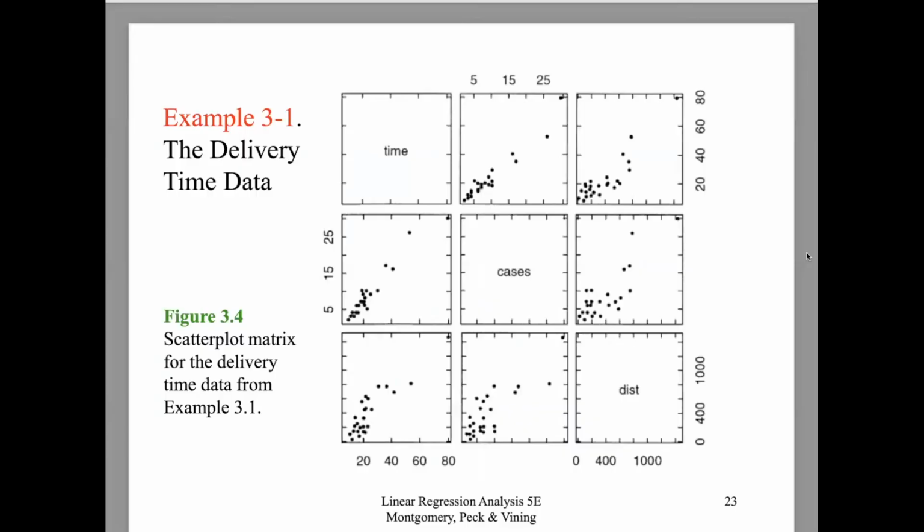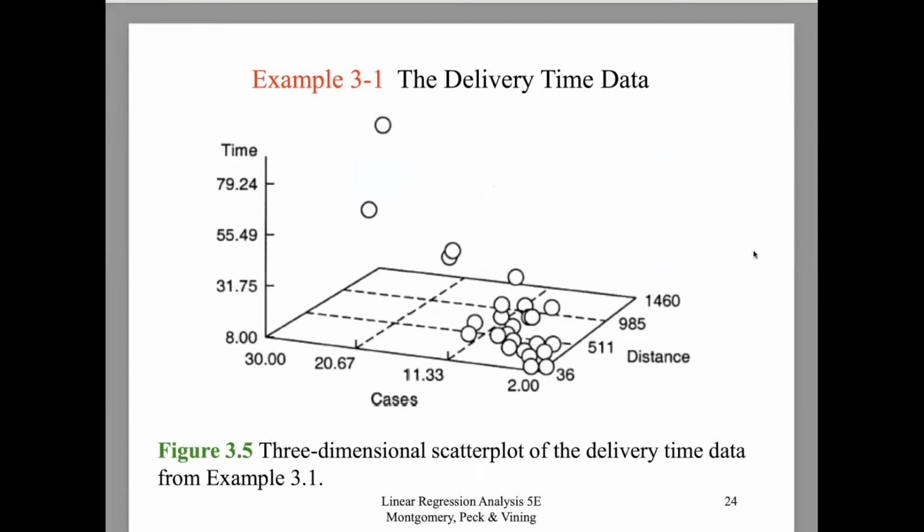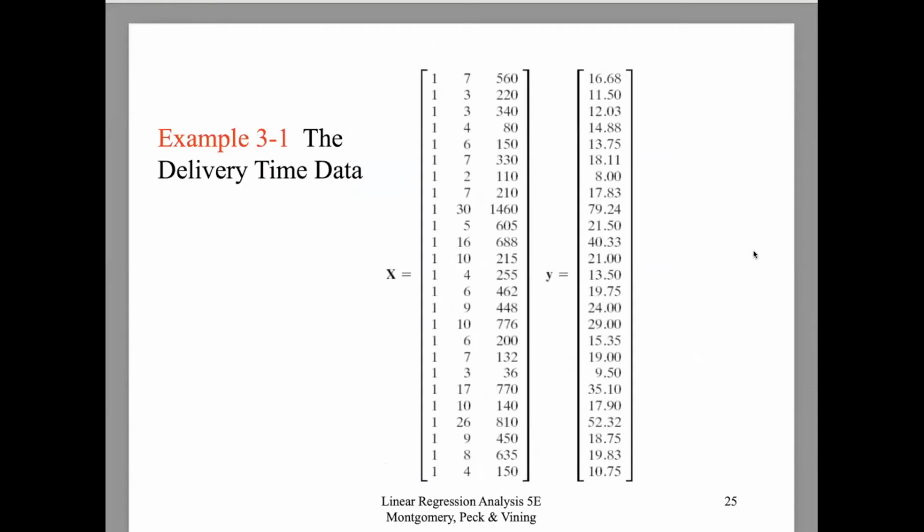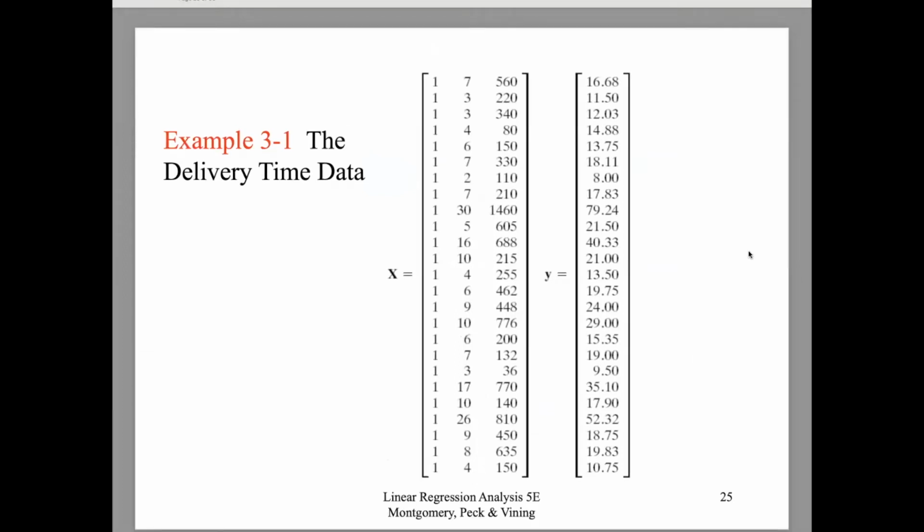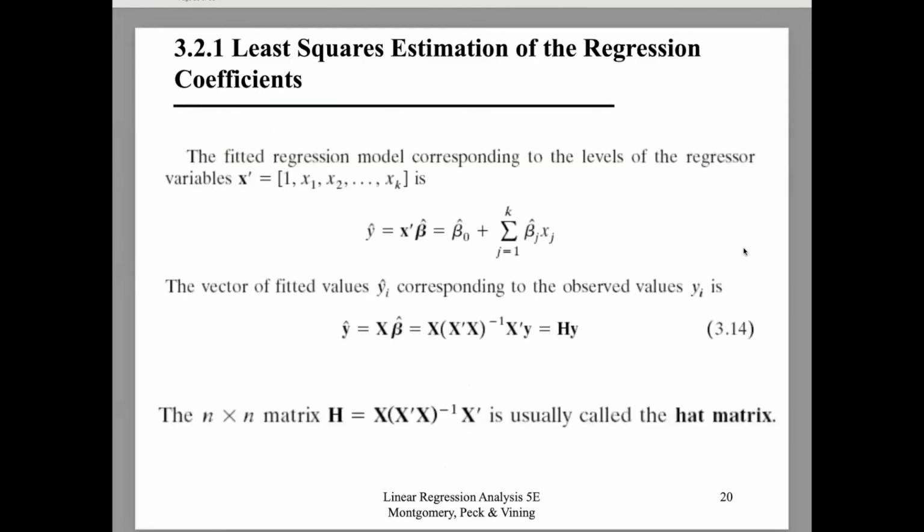Okay, now I want to continue on, and we're going to get into estimating the parameters, in particular the beta parameters for the multiple linear regression model. You'll recall that in order to do this, a convenient way is to express the system of equations defined by the regression equations for each observation in matrix format. Let me just go up here real quick.